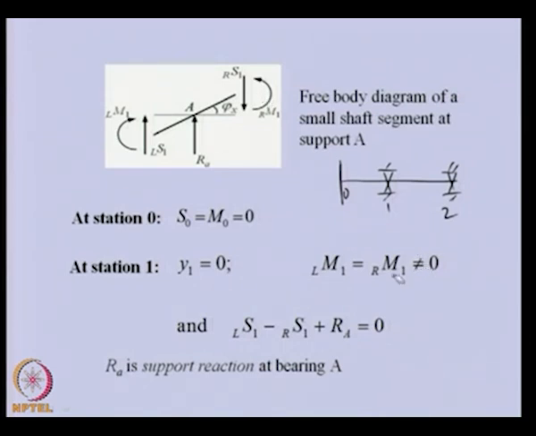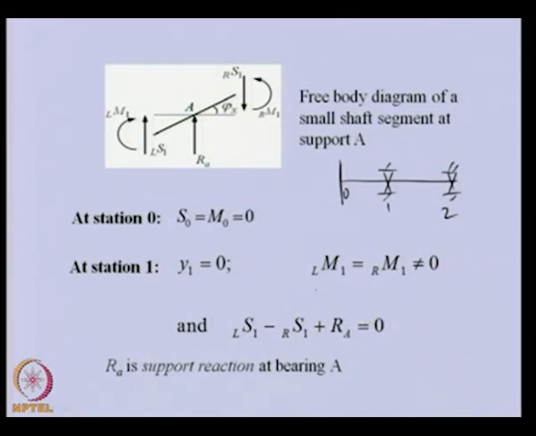Also from the free body diagram, if we take the moment balance or force balance, we will see that there are 3 forces. One is the shear force left of support 1, which is, let us say, in the positive y direction; right of support 1, which is in the downward direction, so negative; and the reaction force Ra at station A, the support A. So, this is the force balance at the support at station 1.